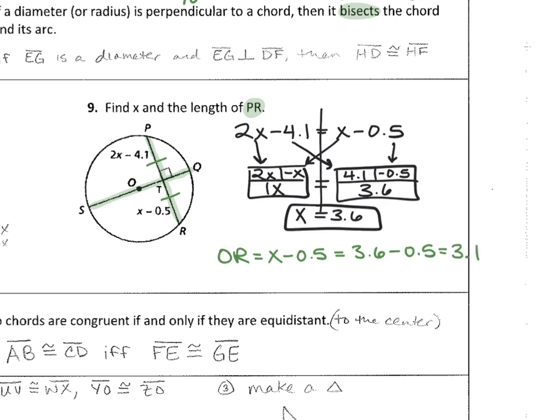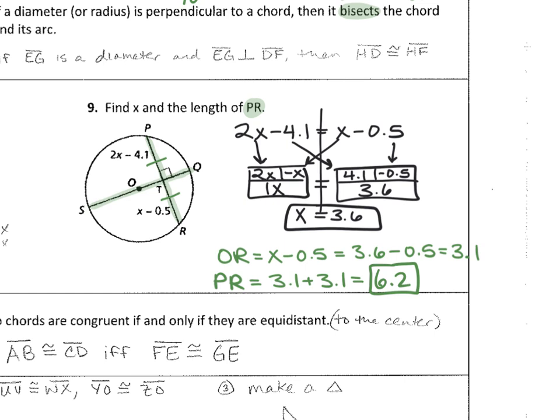Now I only did this for part of it because they're congruent. So if this part is 3.1, how much is this one? So what's the total of PR? It's going to be 3.1 plus 3.1 because it's both pieces, bless you by the way, which is going to be 6.2. That should be the value of PR.